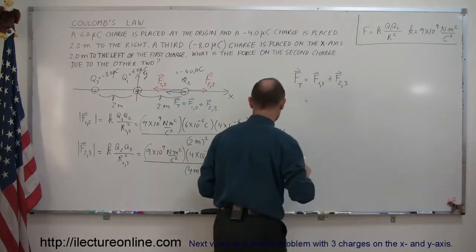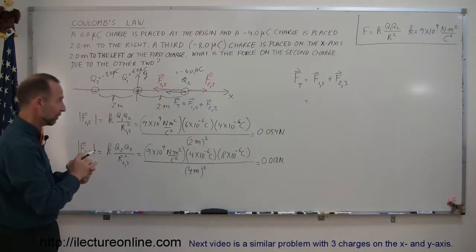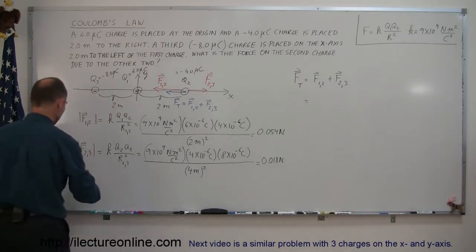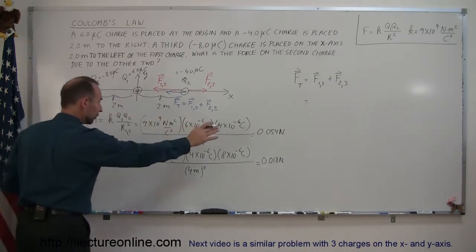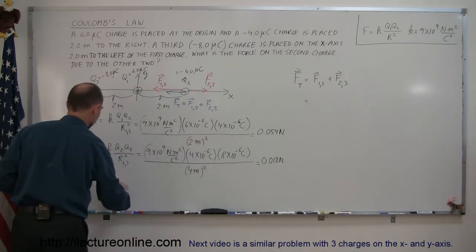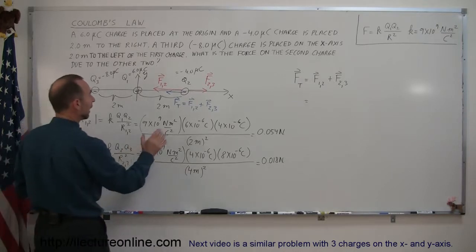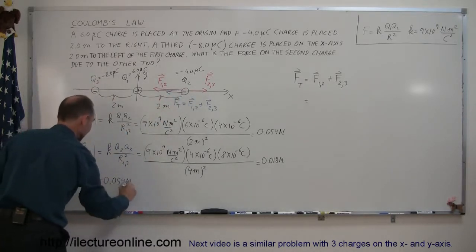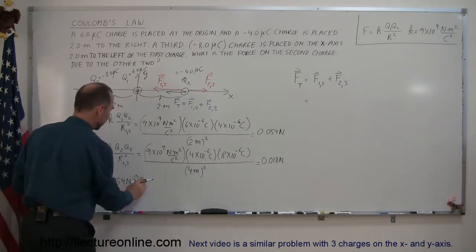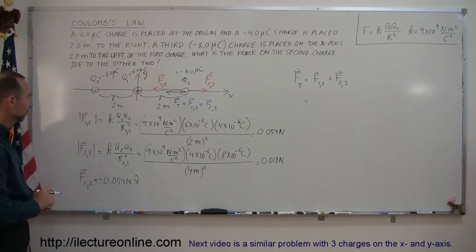Now we have to be careful of the directions, because F12 is equal to the magnitude, 0.054 newtons, times the direction. And since F12 is pointed to the left, we make that a negative x direction. So this is the unit vector in the x direction, and we have to indicate that the direction is negative.